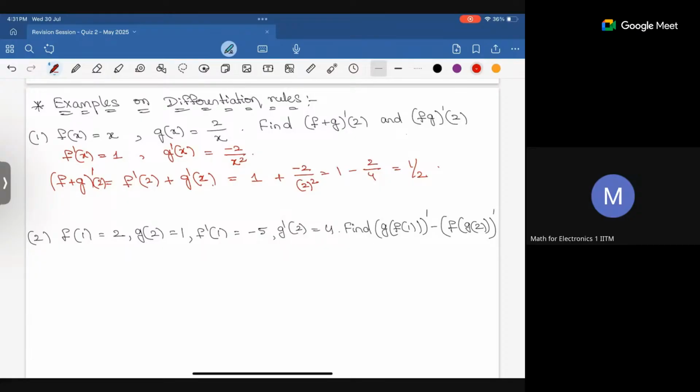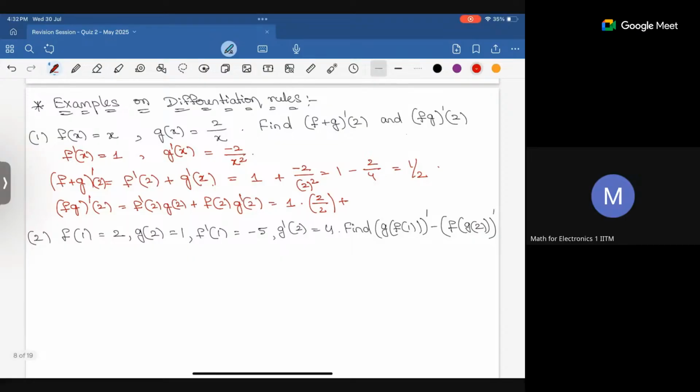Very nice. If I want fg's derivative at 2, I can use the product rule. I know f prime of 2, which is 1, into g of 2. So g of x is 2 by x, so it will be 2 by 2, plus f of 2.